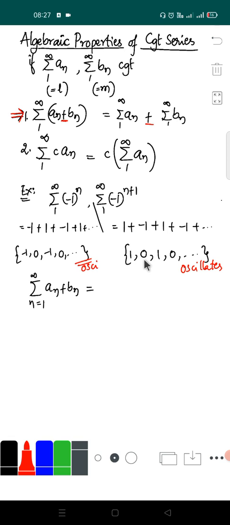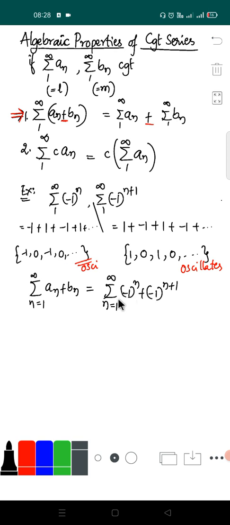That means these two are not convergent. But if you add these two, the summation of minus 1 whole to the power of n plus minus 1 whole to the power of n plus 1, where n is equal to 1 to infinity.